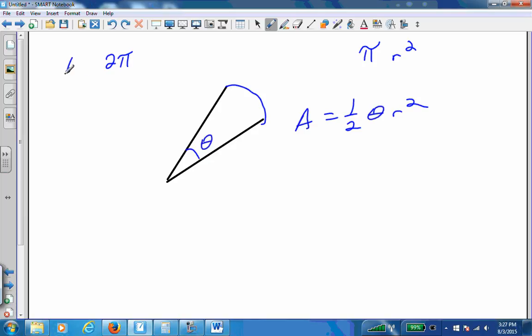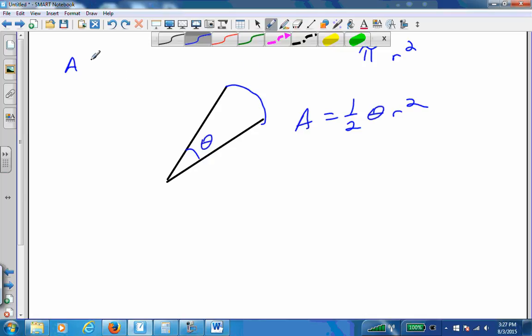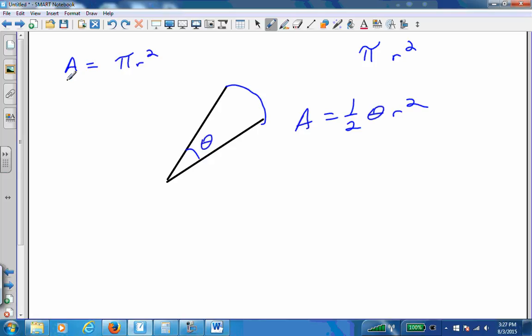So the area for a whole circle is pi r squared. If you want to break that in terms of a particular angle, divide it by that angle. Well, for a whole circle, the angle is 2 pi. So that backs out to 1/2 theta r squared if you tell me what the angle is.